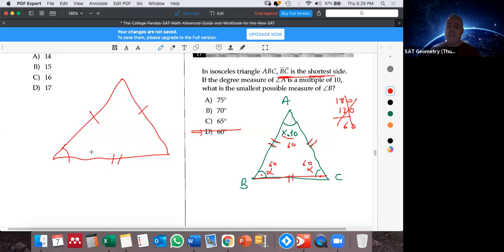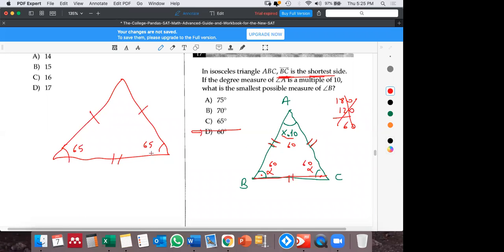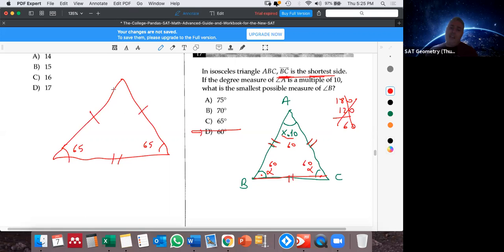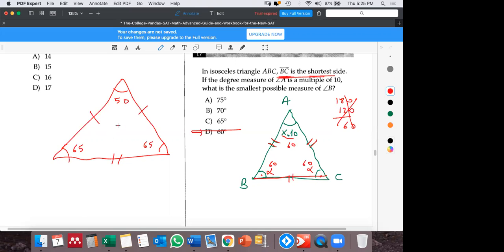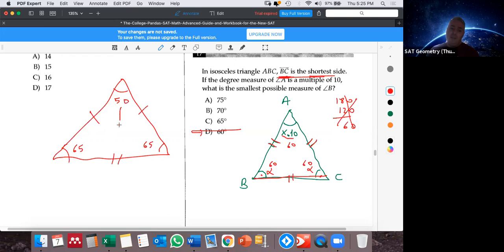If the answer is 65, 65 and 65, tell me. 130. So what is left? 50, right? Is 50 a multiple of 10? Yes, sir. Since this is the shortest side, be careful now: small angle, small side, big angle, big side. So there is no contradiction. This could be the answer.